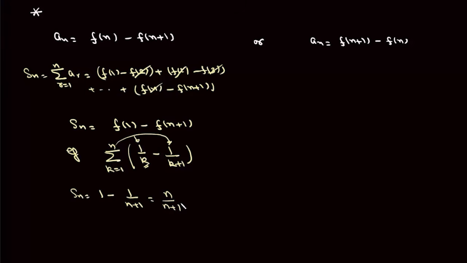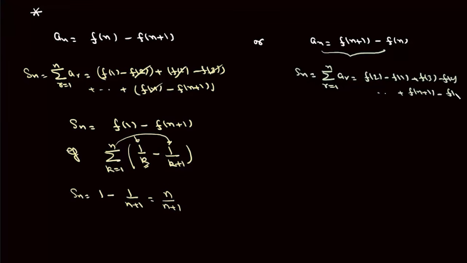Now sometimes this an could be of the form fn plus 1 minus fn. In this case, if we write Sn, it will be the summation r varies from 1 to n of ar, which is f2 minus f1, then f3 minus f2, and in the end fn plus 1 minus fn.